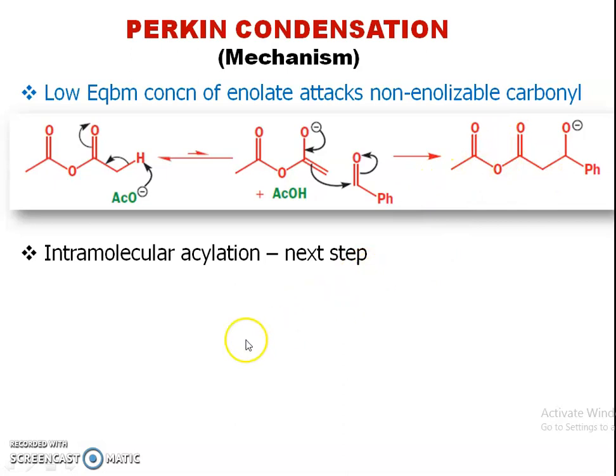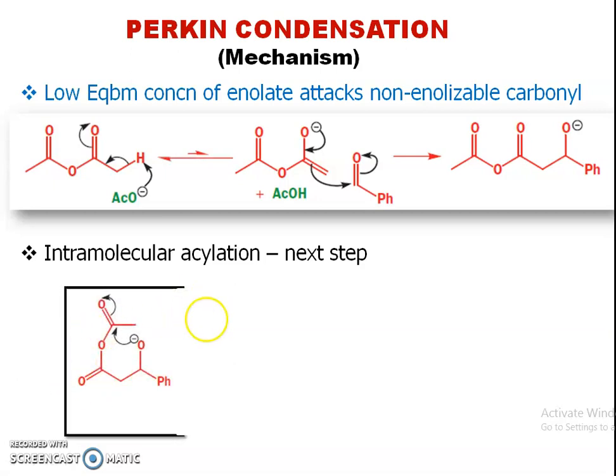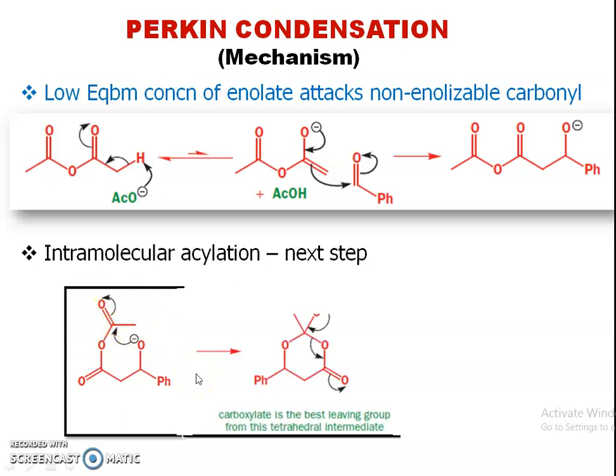The next step is a different one: an intramolecular acylation reaction occurs. So I redrew the structure like this, and this oxyanion intramolecularly adds to the carbonyl of the same compound, and it forms a cyclic intermediate.